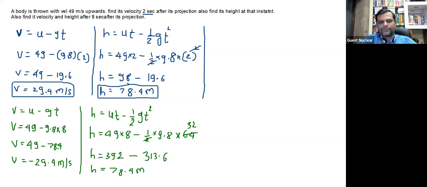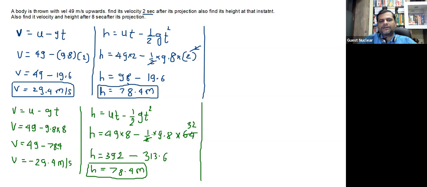अब देखो 78.4 meter. But just see the strange thing here that the answer we have got here and the answer we have got here is perfectly same. How is it possible? Who can explain?